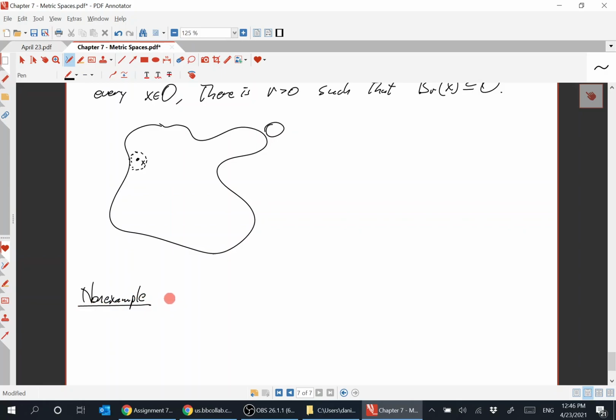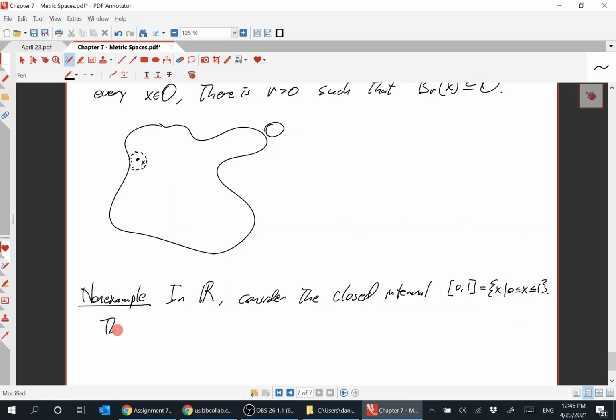So in the space of real numbers, consider the closed interval from 0 to 1. That's equal to the set of all x such that 0 is less than or equal to x less than or equal to 1.